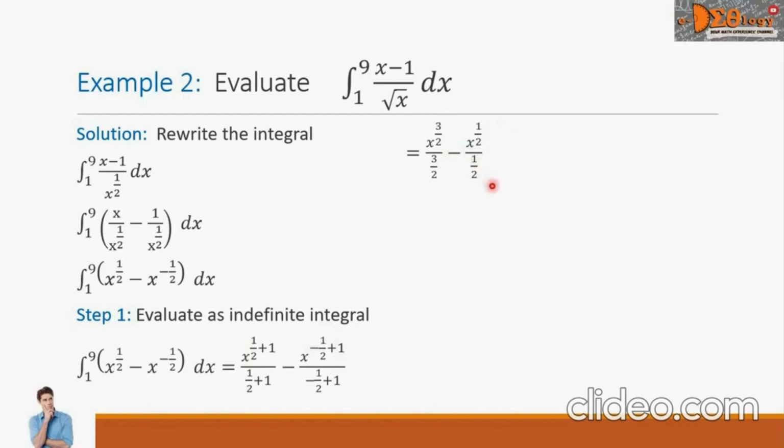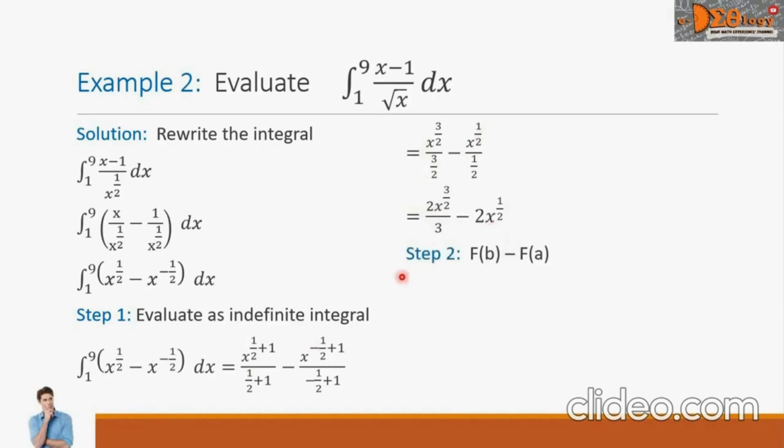Let us simplify this further by flipping the denominator and making this denominator 2 to be coefficient of x in the numerator. So we have 2x raised to 3 over 2 all over 3. Then for this, minus 2x raised to 1/2.